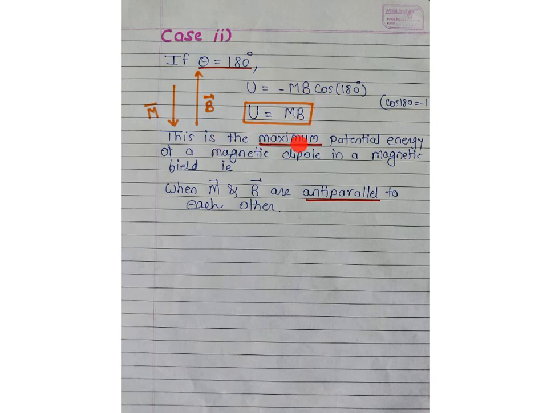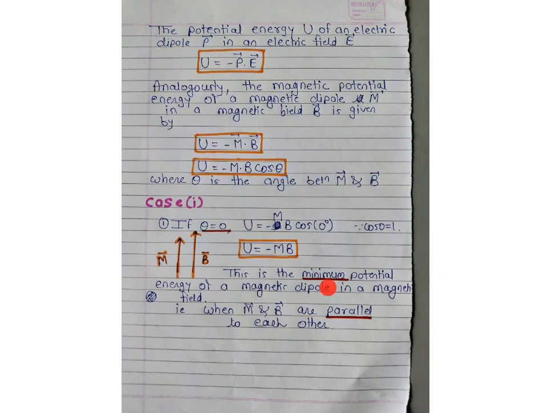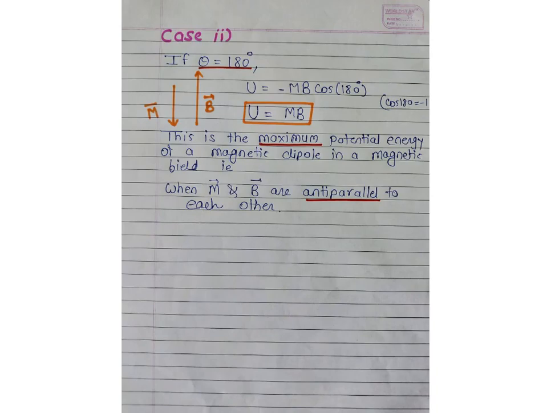This is the maximum potential energy of a magnetic dipole in a magnetic field, when the magnetic dipole moment and magnetic field are anti-parallel. Therefore, the magnetic potential energy is maximum when the magnetic dipole moment and magnetic field are anti-parallel, and minimum when they are in parallel position. So, thank you.